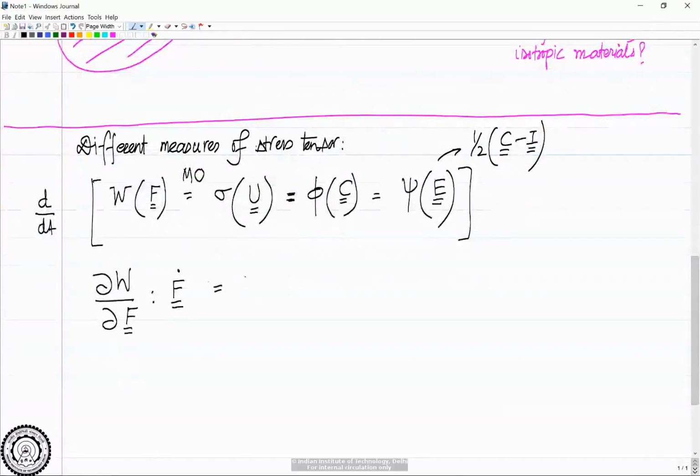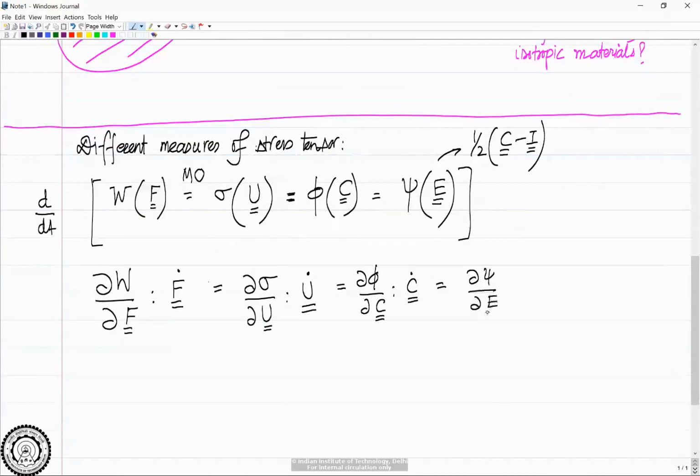Similarly, you could write this as del sigma over del U double contraction with U dot, which is the same as del phi over del C double contraction with C dot, which is the same as del psi over del E double contraction with E dot.